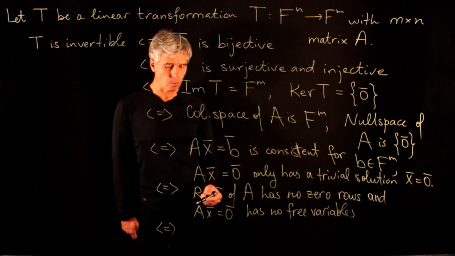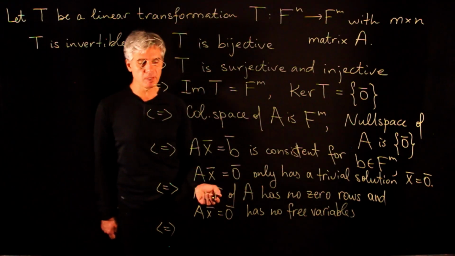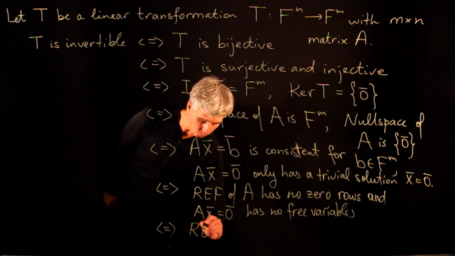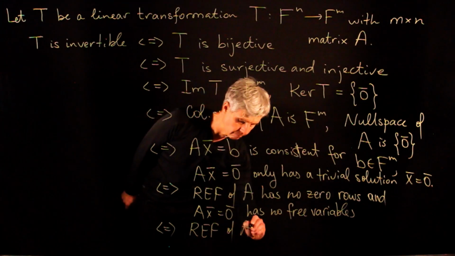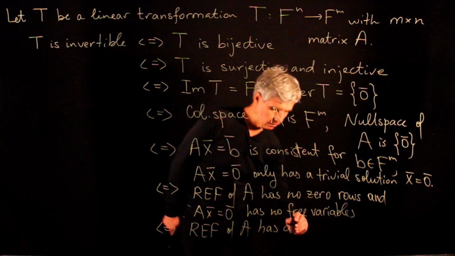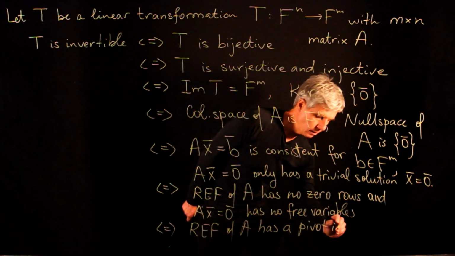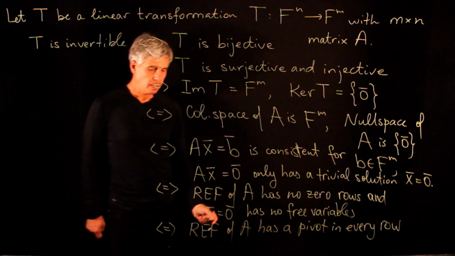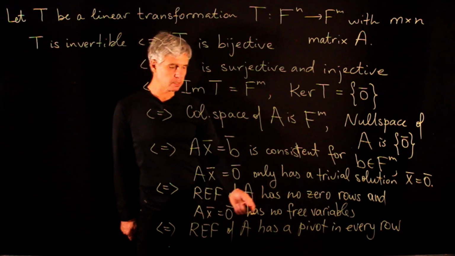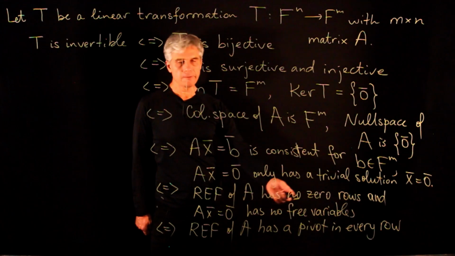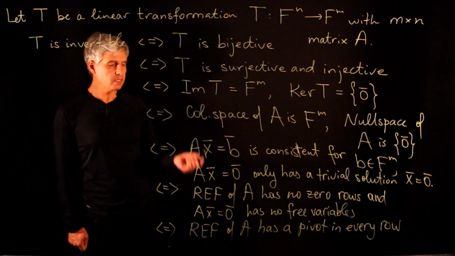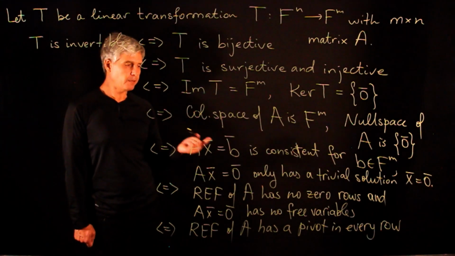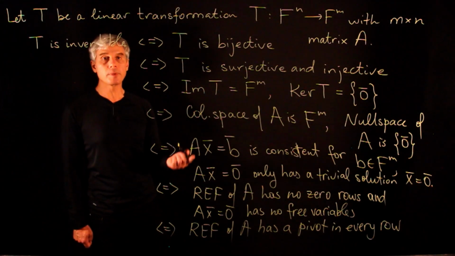So now, what is this in terms of pivots? Every non-zero row of row echelon form of a matrix starts with a pivot. So if we have no zero rows, this means that row echelon form of A has a pivot in every row. And let us recall which variables are free and which are leading. Leading variables correspond to pivot positions, and free variables correspond to columns that have no pivots.